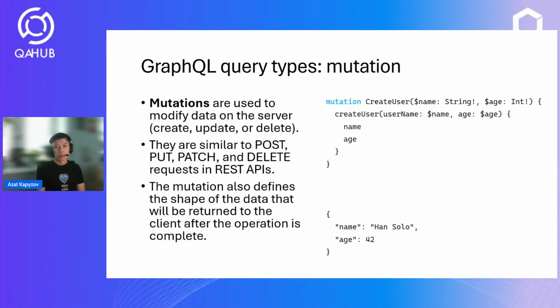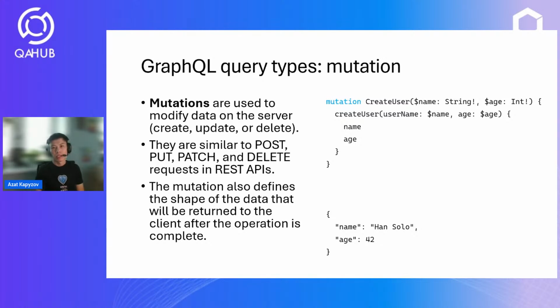The second type of query is mutation. Mutations are used to modify data on the server, like create, update, or delete, and they are similar to POST, PUT, PATCH, or DELETE requests in REST API. The mutation defines the shape of the data that will be returned to the client after the operation is complete.